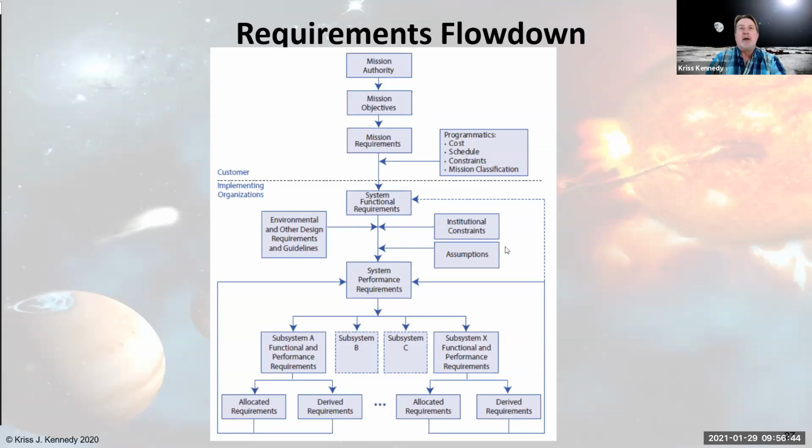And so once you document all that, that is your system performance level, and then you break it down, and this could be at an element level, element to element, or system, and then your subsystems, and then you keep breaking that all the way down.